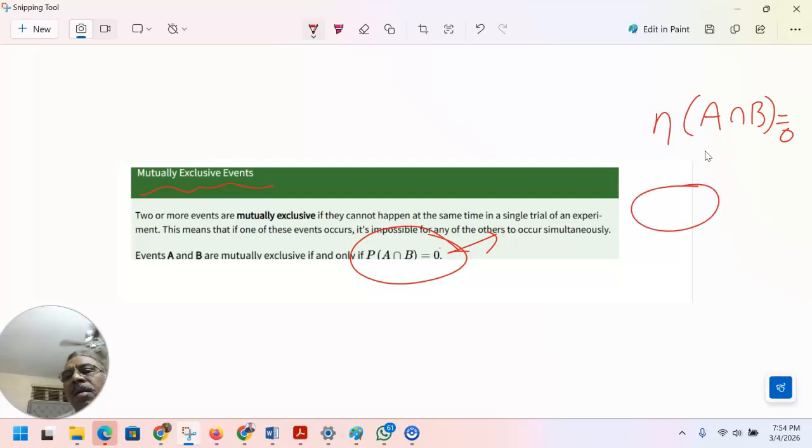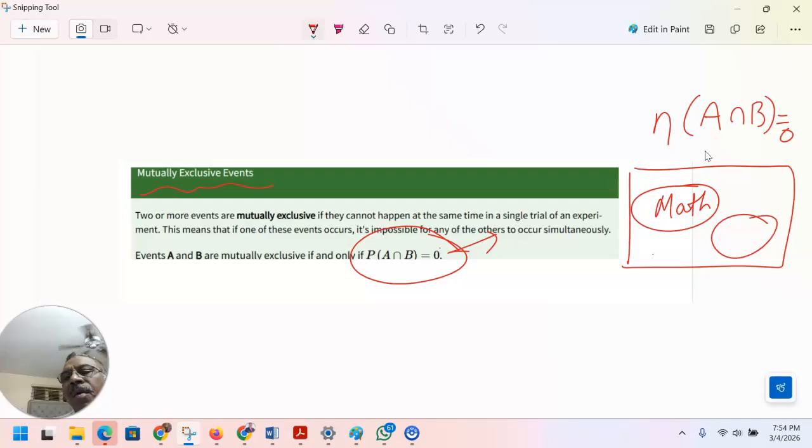In other words, in a Venn diagram, say students who like mathematics go for tutoring, and some students go for maths, chemistry, and none of the students have both in common. So either they take only maths, or they take only chemistry. There's nothing common here. In such cases we say they are mutually exclusive.